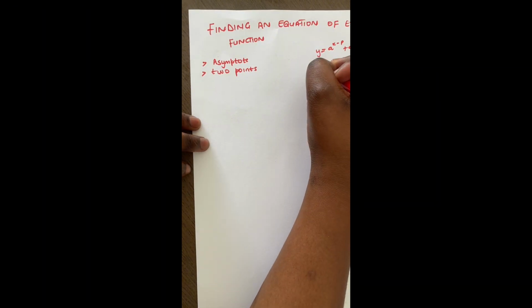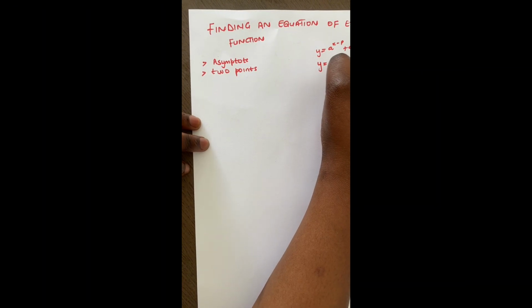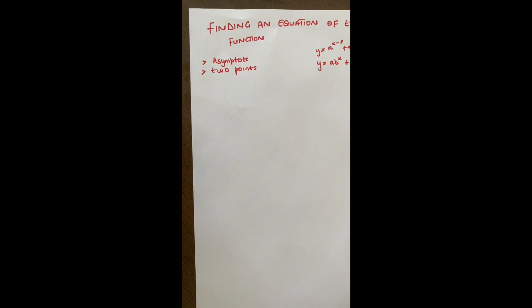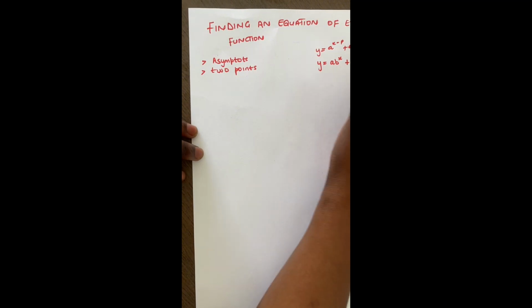But they introduce this one, y is equal to a b to the x plus q. All right, so they don't normally assess you with this one, but this one.